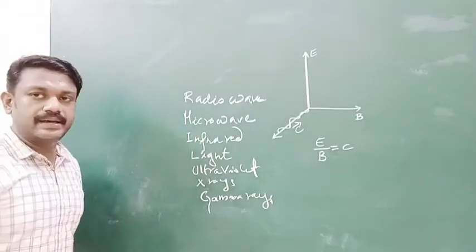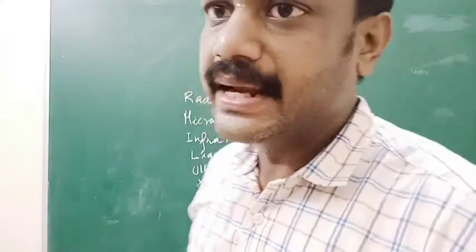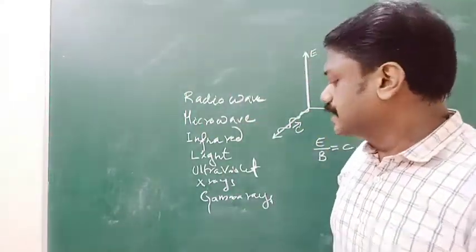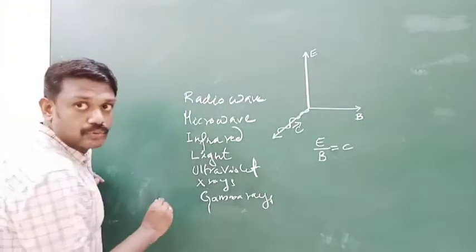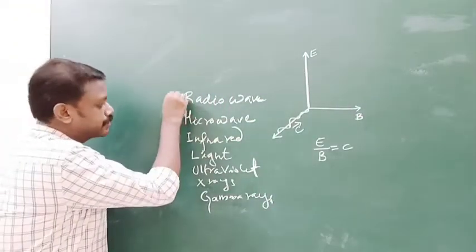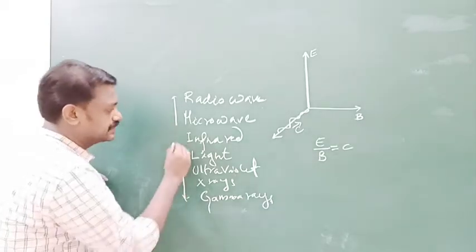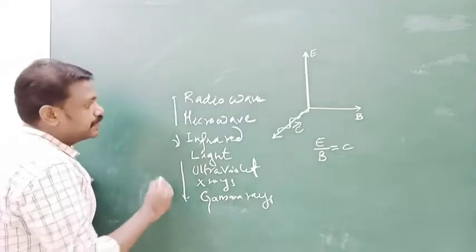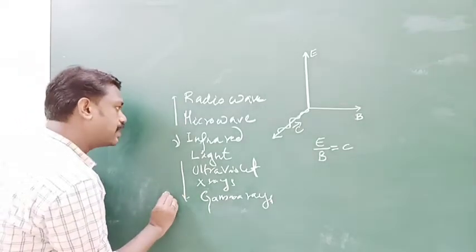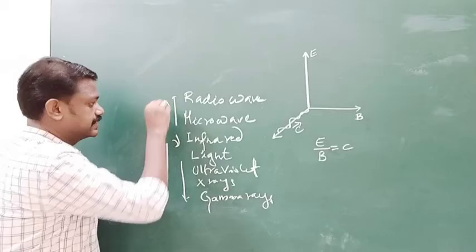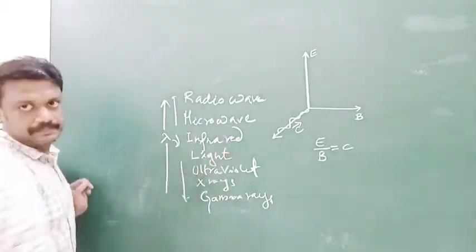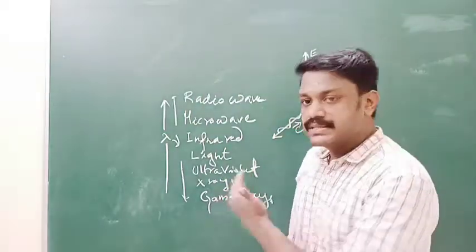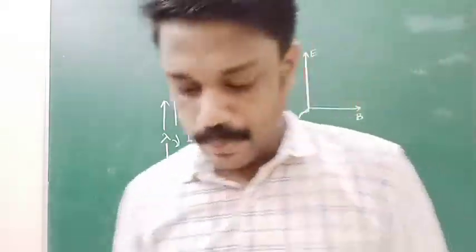So these are the major members in the electromagnetic spectrum, from radio waves to gamma rays. And remember, it is in increasing order of frequency. As we move from radio waves to gamma rays, the frequency increases. Similarly, as you move from gamma rays to radio waves, the wavelength increases. That means frequency and wavelength are inversely proportional.